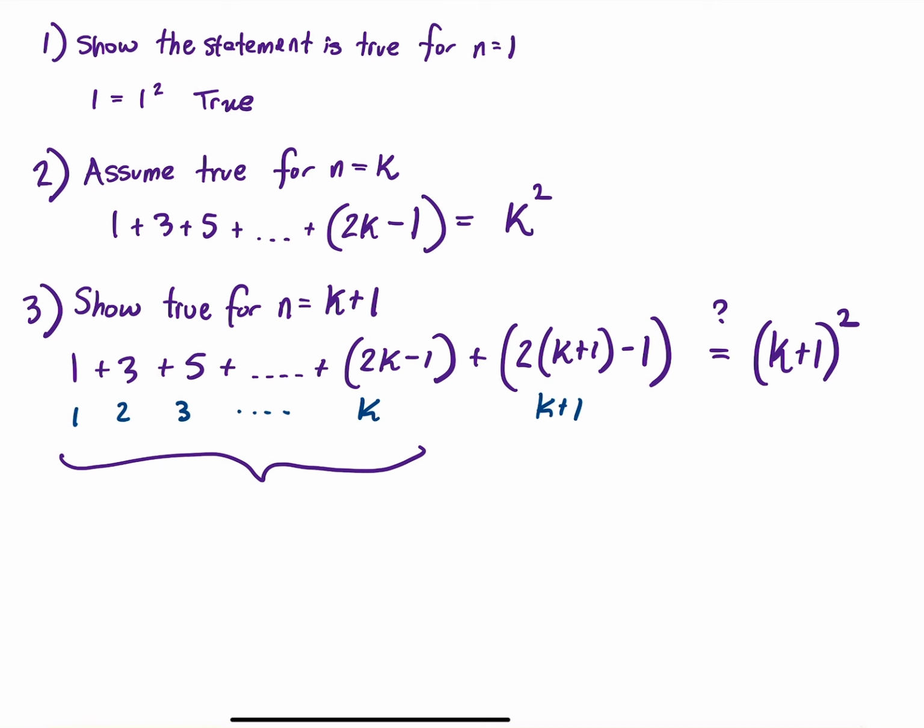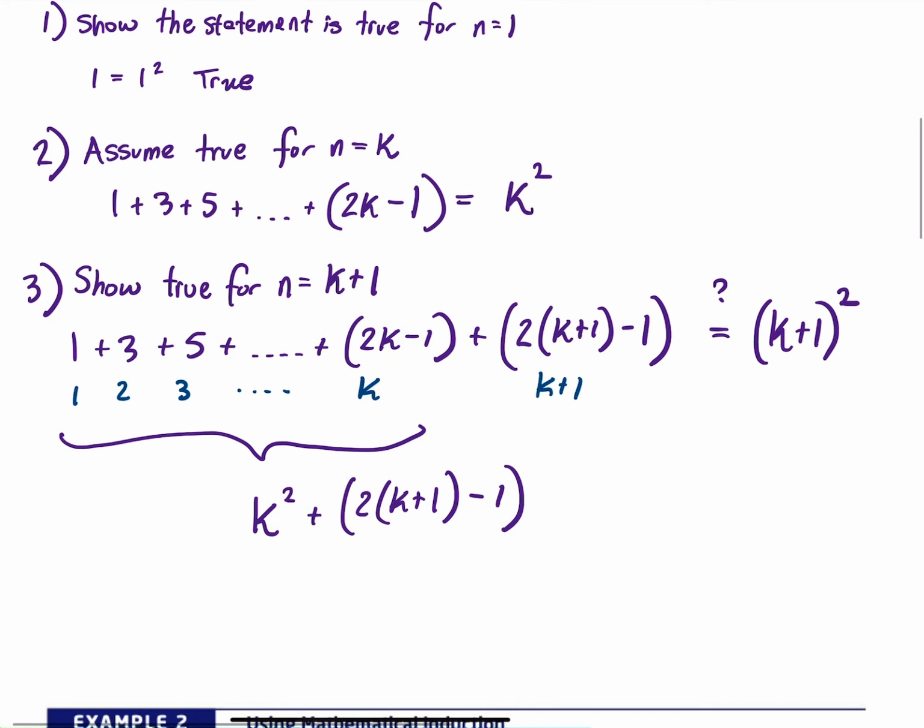So I'm going to replace that with k squared. And then we have our k plus 1 term. So I'll write that here. So 2 times k plus 1 minus 1. And now let's see if this will be equal to k plus 1 squared.